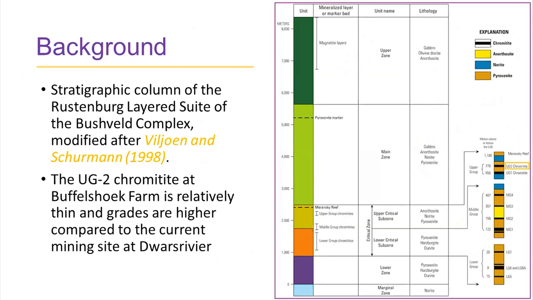Here, the reef is a bit thin and the grades are a bit higher. So the prospect is interesting because the stratigraphic features are a bit different compared to the mining site.